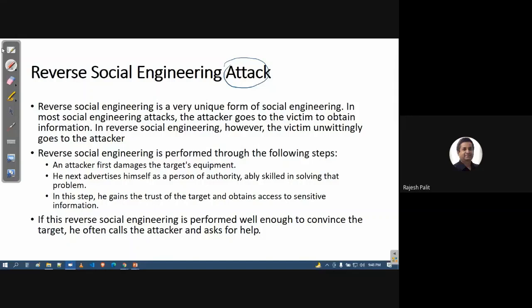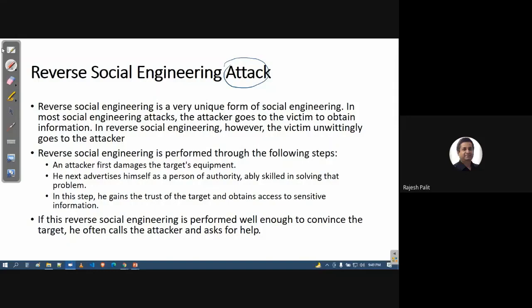and then say that, okay, if you don't install this application, you cannot recover the folder or recover this and that, okay. So an attacker first damages the target's equipment and then advertises himself as a person of authority, heavily skilled in solving that problem, okay. In these steps, he gains the trust of the target and obtains access to sensitive information, okay.